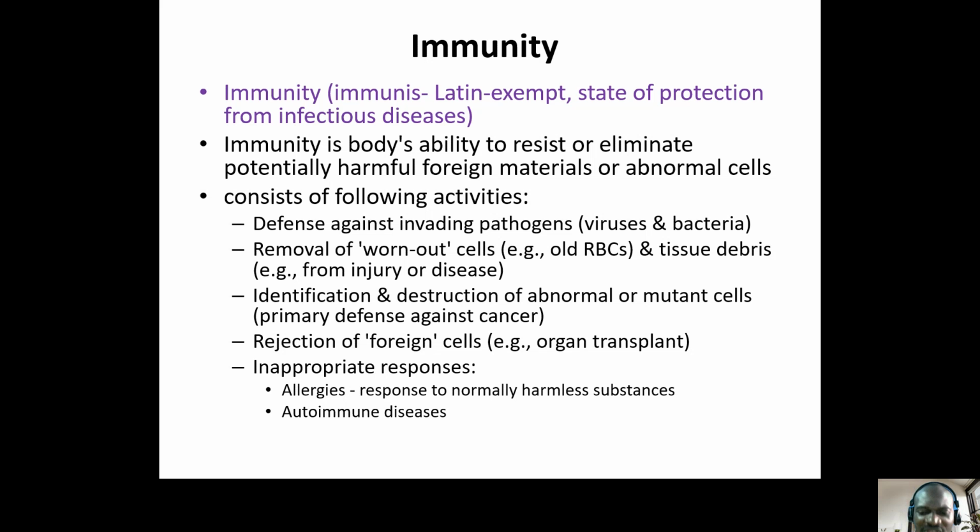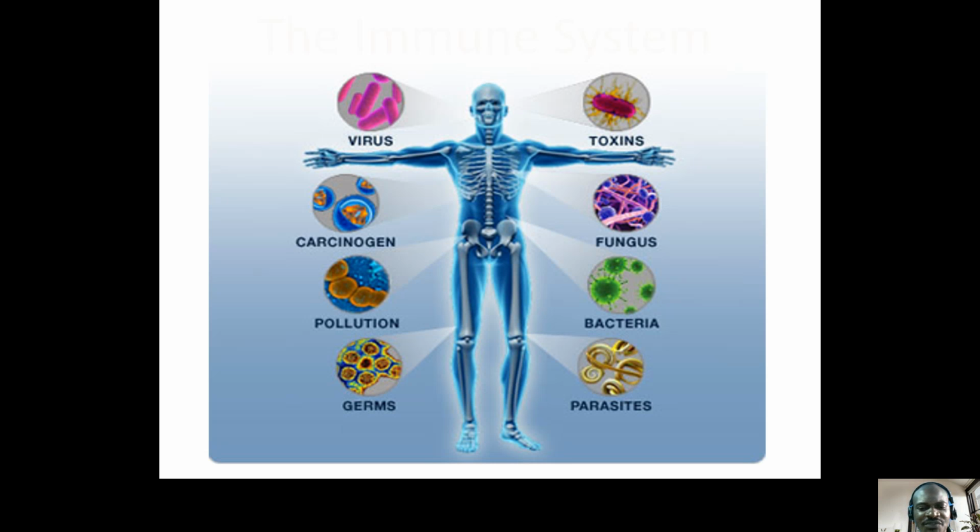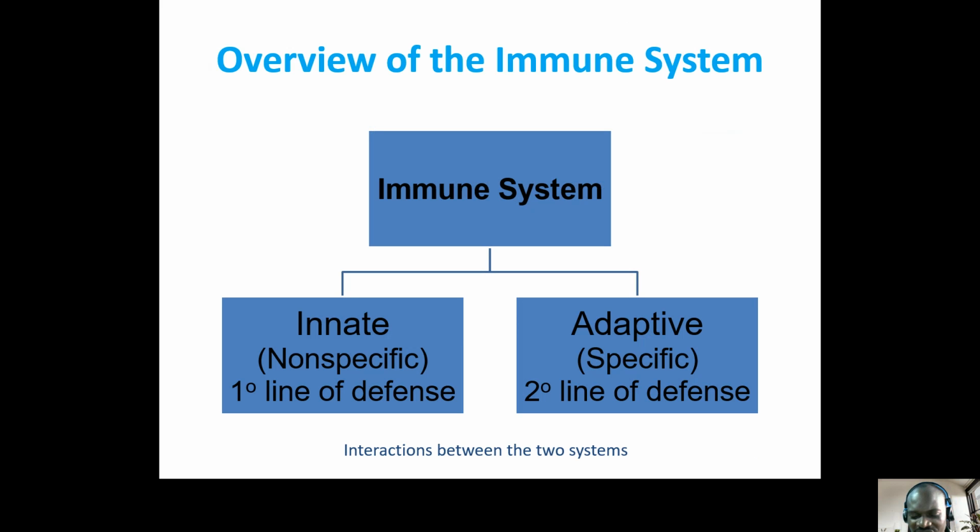That is what we call immunity. So when our body system is able to detect the presence of these materials and at the same time eliminate them or protect the body from their infections, that is what we call immunity. And so I'll give you the overview of the immune system.